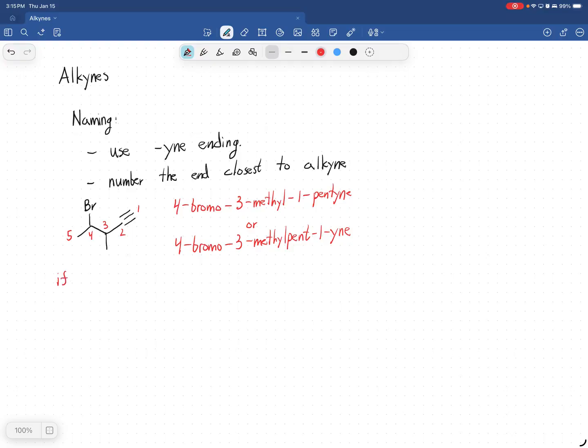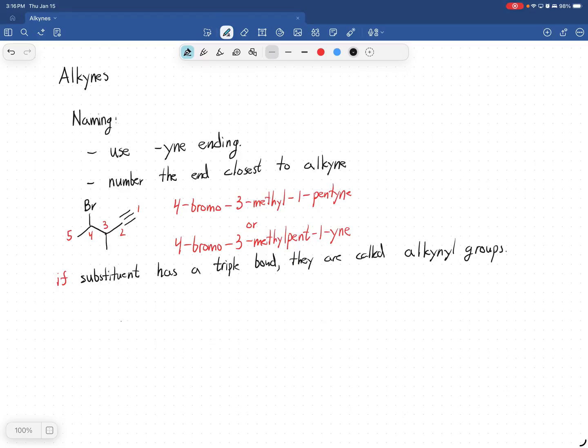So if the substituent has a triple bond, they are called alkynyl. It kind of sounds like you're saying alkyne groups.